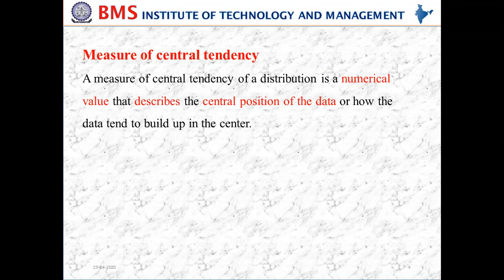A measure of central tendency of a distribution is a numerical value that describes the central position of the data, how the data looks. If you collected the data and plotted it in a graph, and the data falls in the central position, that will be represented with a numerical value. It describes how the data tends to build up in the center of the data collected.